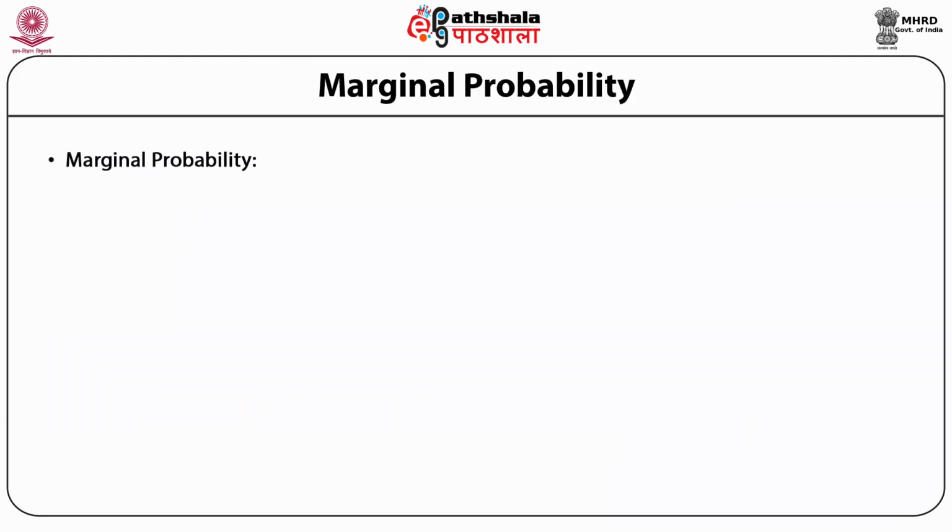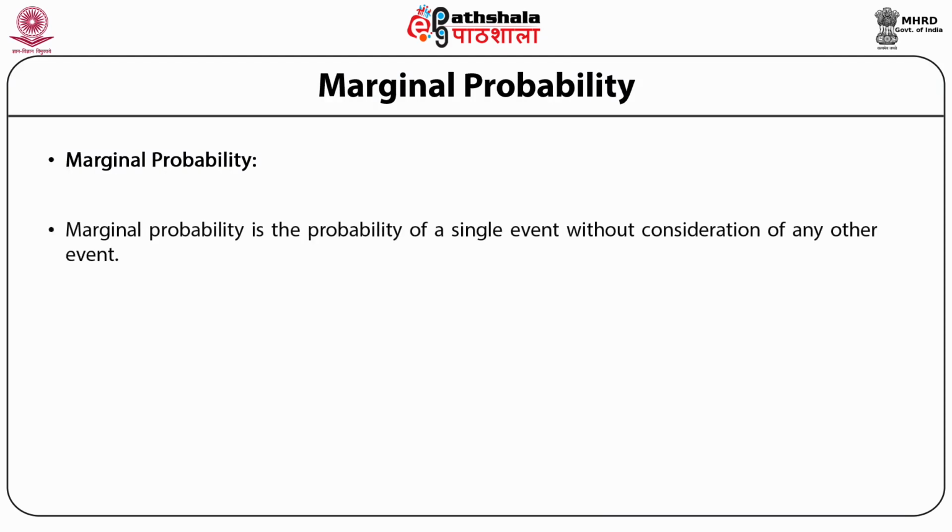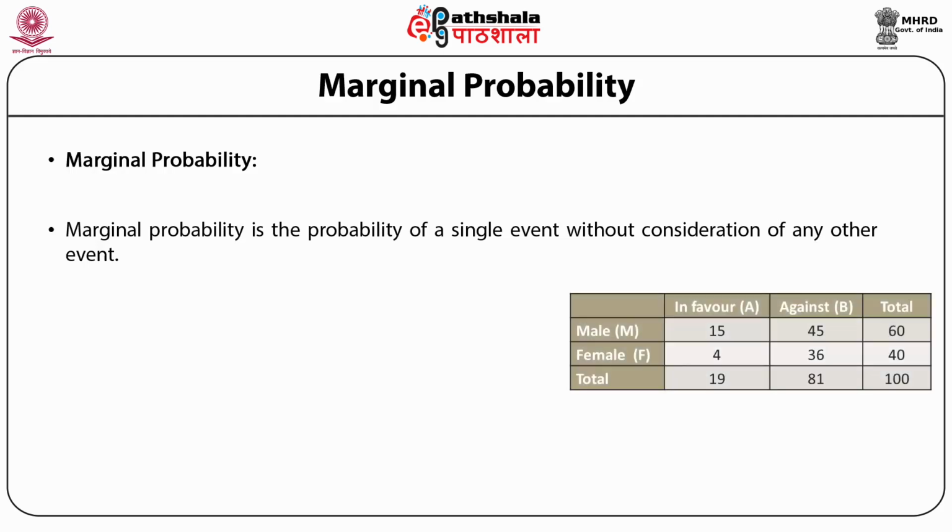Now, marginal probability, as we already discussed, is the probability of a single event without consideration of any other event. Marginal probability is also called simple probability. Listing the marginal probabilities, we take in favor and against, male, female, row wise and column wise.